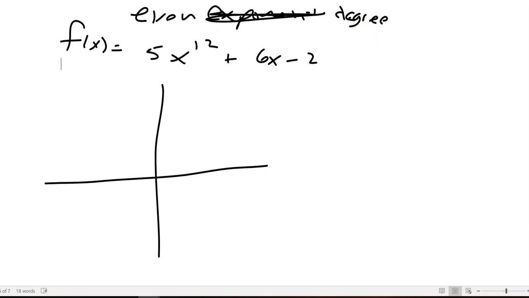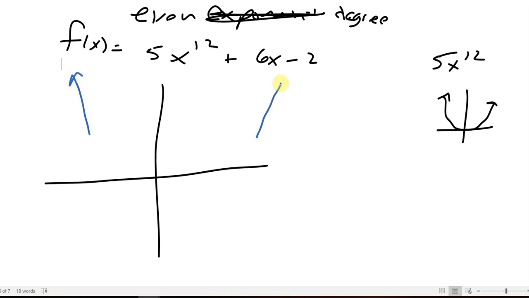Okay. Since k is greater than 0, if I just look at the leading term, that graph, remember, would look something like this, because it has the positive leading term and an even exponent. So the graph for this function, or any polynomial for that matter, that has an even exponent with a positive leading coefficient, has ends that go up. It's like the outside edges of the U. Again, what happens in the middle, we have no idea without more work.